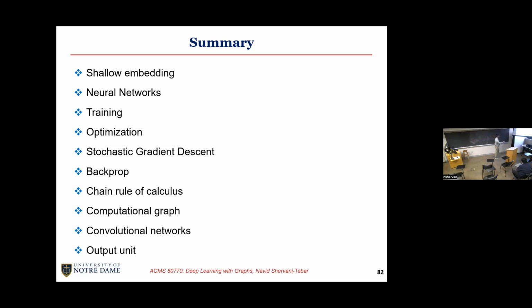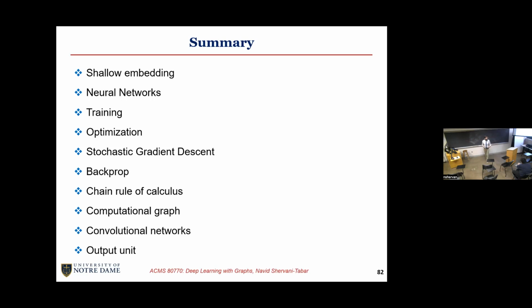After that, we went over backpropagation, which is a method to find the derivatives that we need in stochastic gradient descent, the gradient of our objective function with respect to our model parameters, which guides our optimization problem. We said that backpropagation is based on the chain rule of calculus. Then we used computational graphs to show how we can efficiently construct this chain rule.